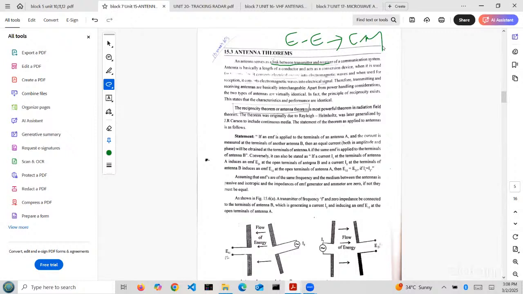In the receiver side, again, across the receiver, electromagnetic waves to electrical energy. Here in this we have two antennas, antenna A and antenna B. Antenna is connected to electromotive force E12.